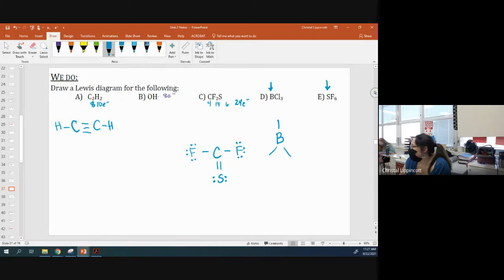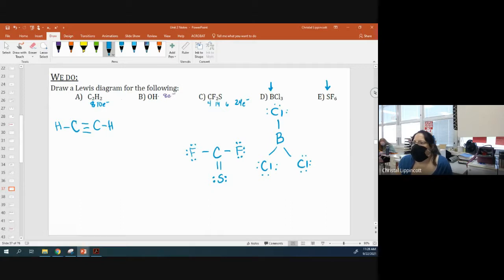Primarily most of the time, your covalent bonds are going to be in the P block, or at least the nonmetals in the P block, and then hydrogen. Okay, and then your chlorine is going to go here. All right.